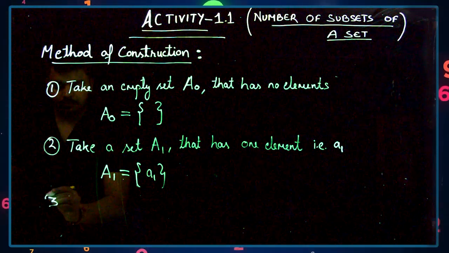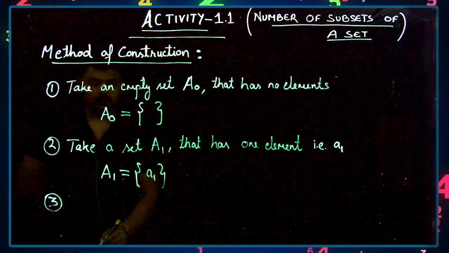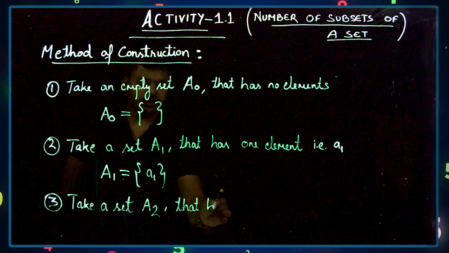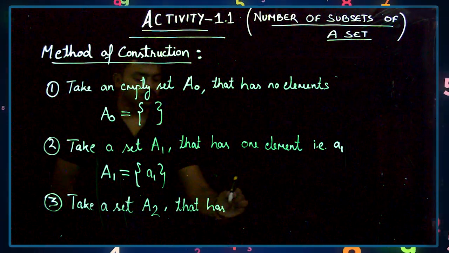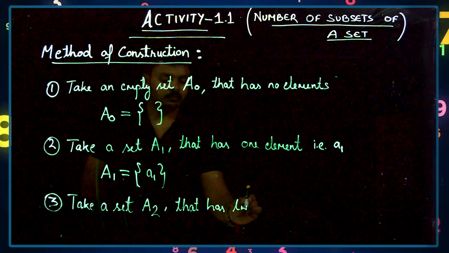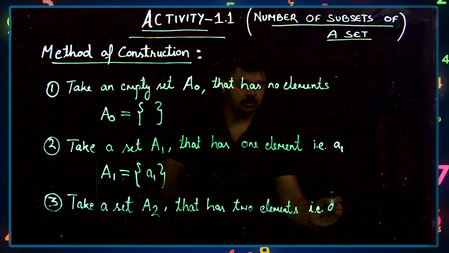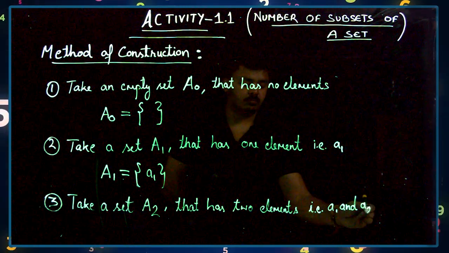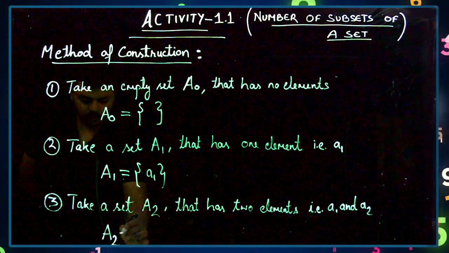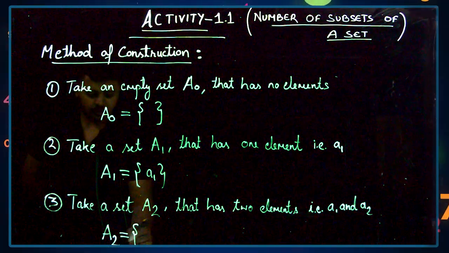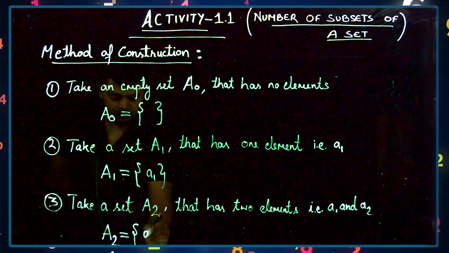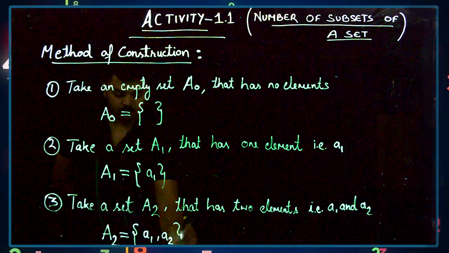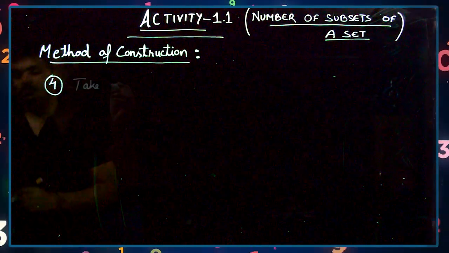Now third step, take a set A2 that has two elements, that is a1 and a2. So A2 is equal to a set containing two elements a1, a2. Step 4.